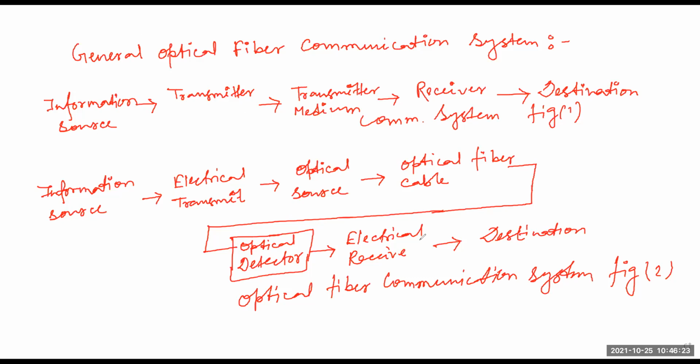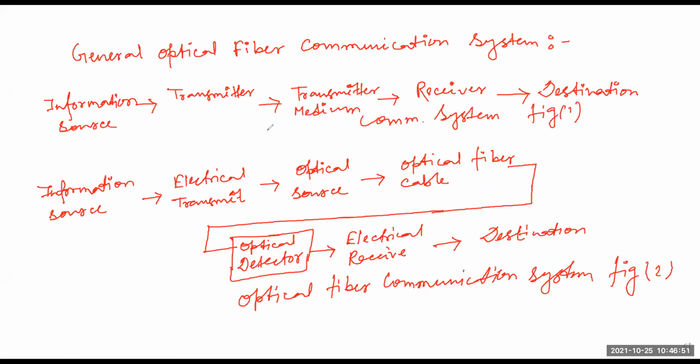Now, consider figure 2, the optical fiber communication system. The information source provides an electrical signal to the transmitter, comprising an electrical stage which drives an optical source to modulate the light wave.